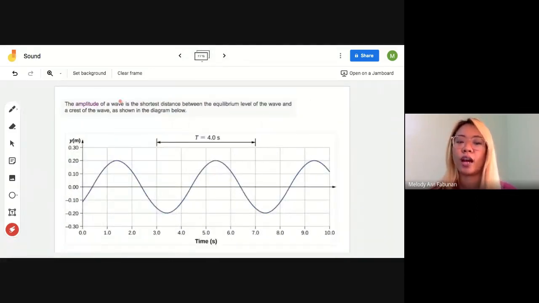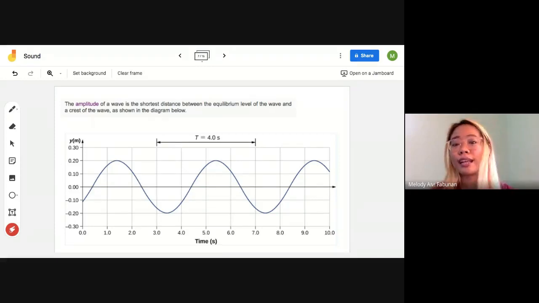So the first one is the amplitude. And as we said earlier, the amplitude is actually the distance from the equilibrium level. So this is the equilibrium level, this line in the middle. And of course, we said the amplitude is the distance from the equilibrium going to the crest.